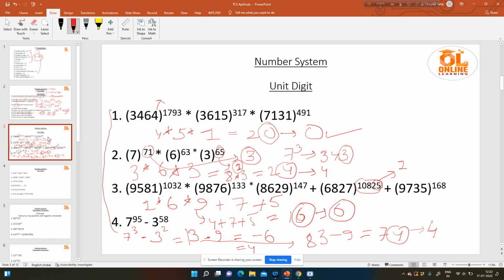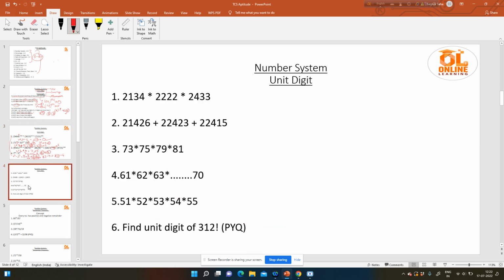So whenever our answer is coming in minus, then you can put any number in front of the first number and then subtract, then you will get the result. And if in the solution minus 6 is present, then you can go for minus 6. If it is given minus 6 and 4 both, then you have to mark the option with minus 6 and 4 both. Okay, now let us move to the next questions.